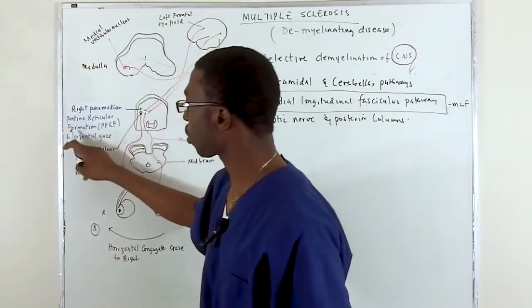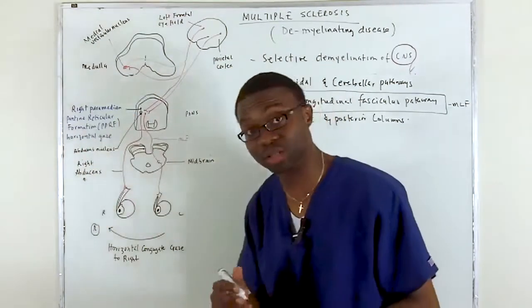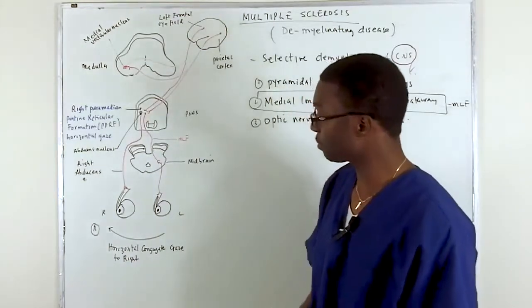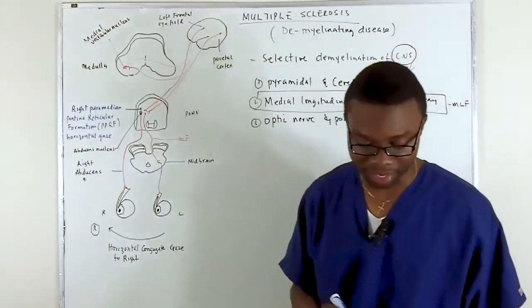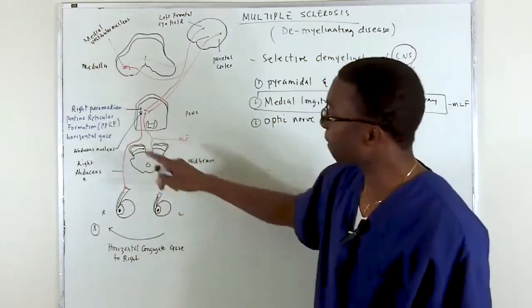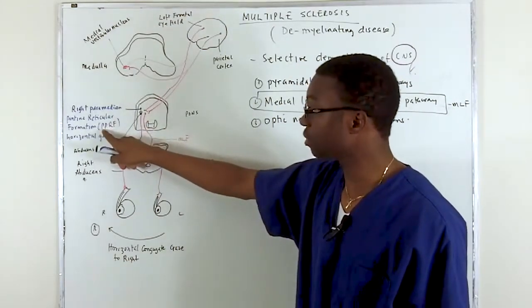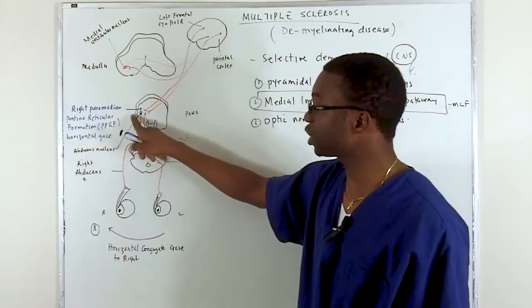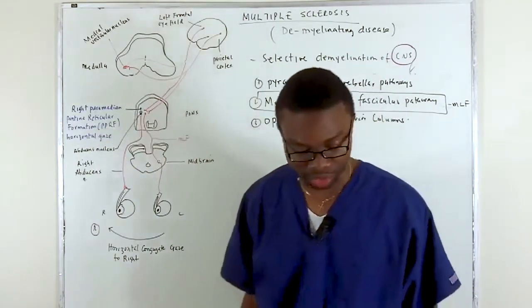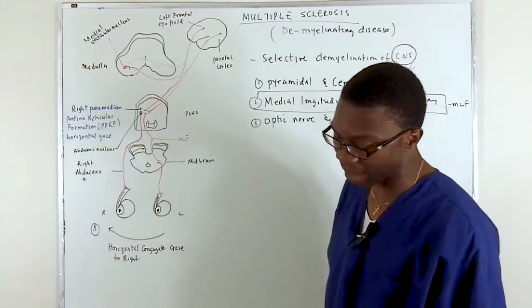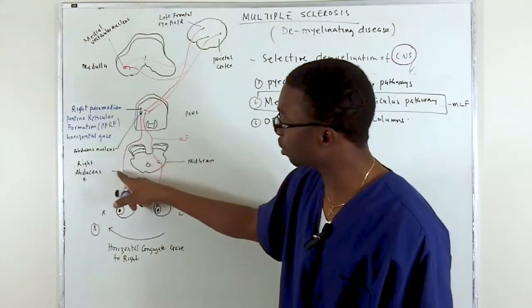It's also called the horizontal gaze center. Now I want us to follow this pathway very closely, because the PPRF is going to be connected to the neurons in the abducens nucleus.